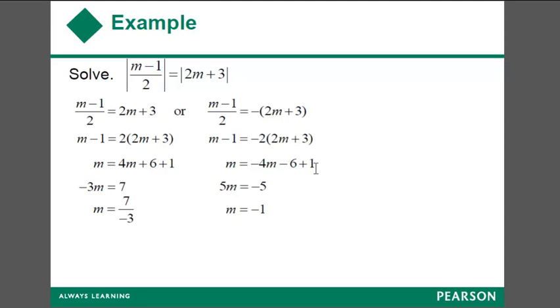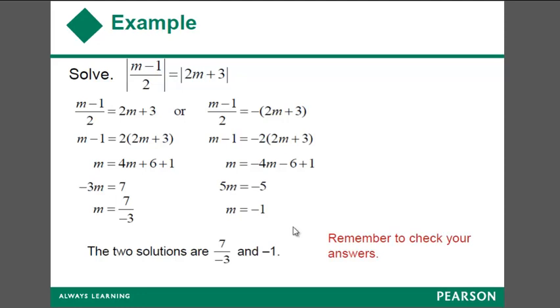Negative 6 plus 1 gives me a negative 5. I divide both sides by 5, and I get m is equal to negative 1. So my solutions are negative 7/3 and negative 1. Remember to always check your answers. Both of these do check out on this problem.